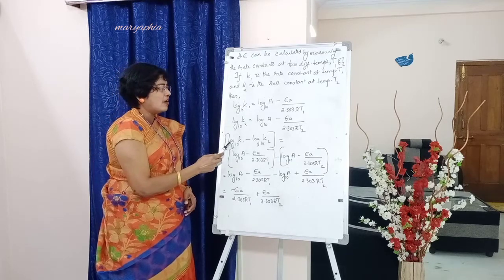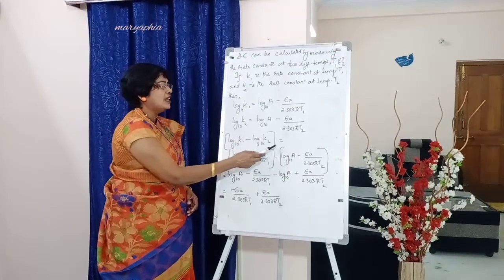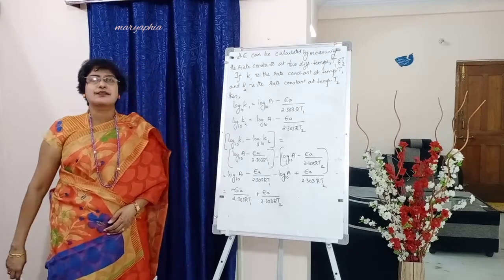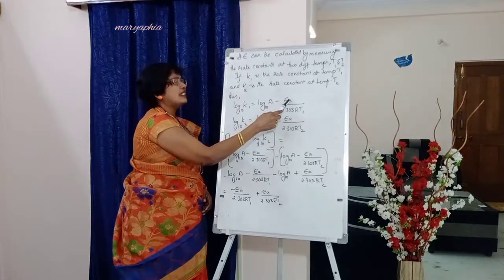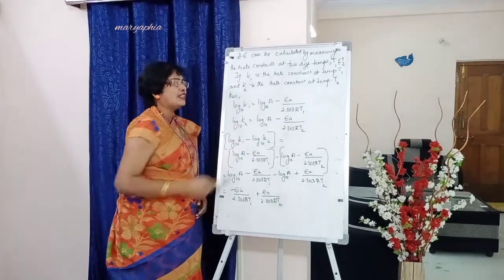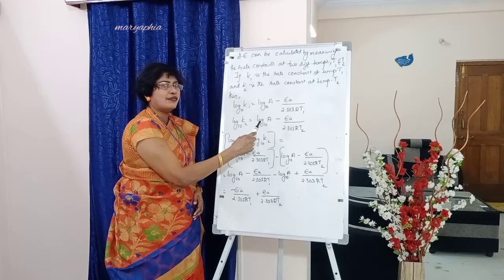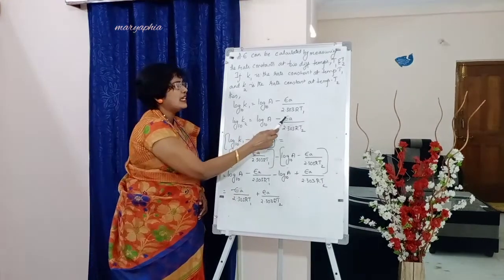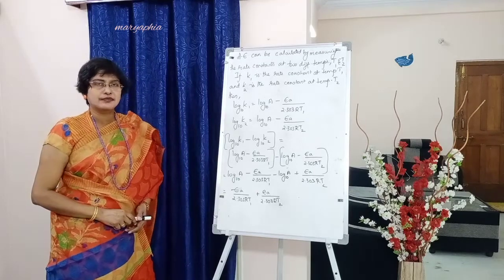So, below write down. Log of K1 base 10 minus log of K2 base 10 will be equal to log of A base 10 minus EA by 2.303 R T1, put it in brackets, minus this one: log of A base 10 minus EA by 2.303 R T2.